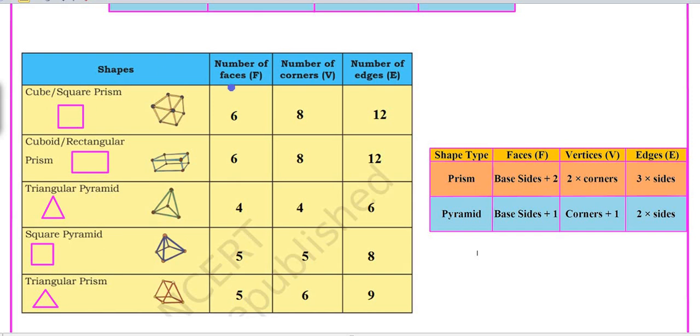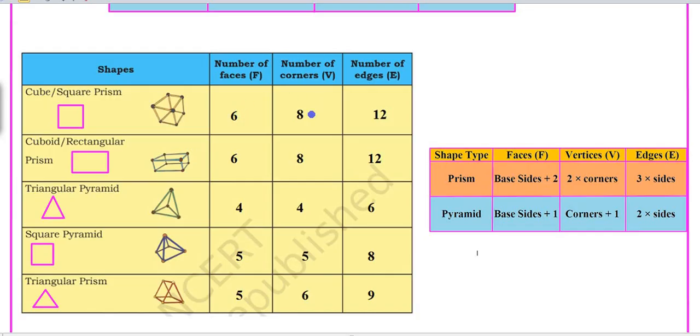For finding the number of faces, what is the formula? Base sides plus 2. How many sides? 1, 2, 3, 4. So we have 4 sides; 4 plus 2 gives 6. So the number of faces is 6 for a square prism.